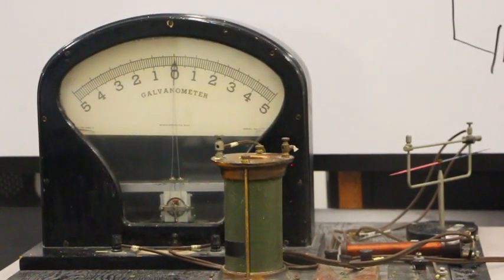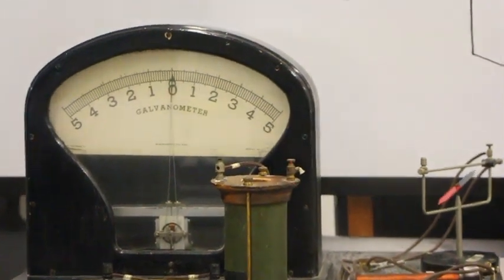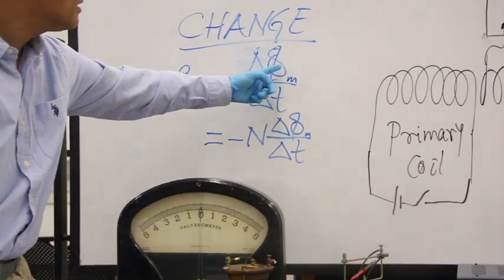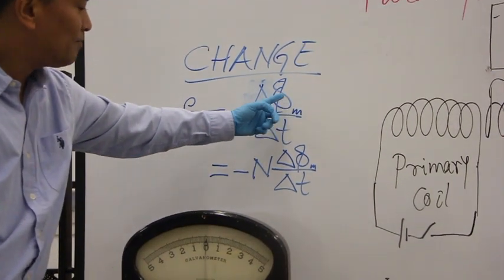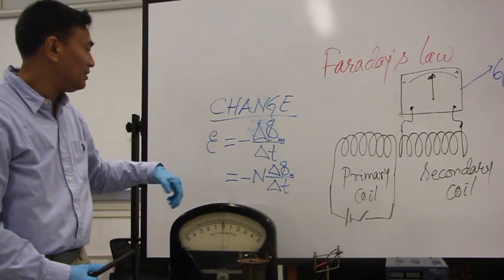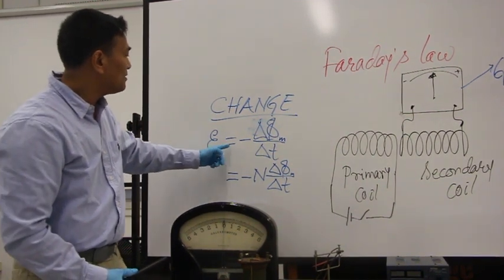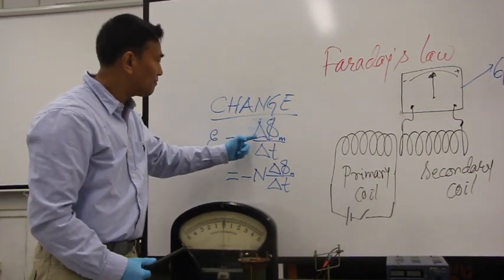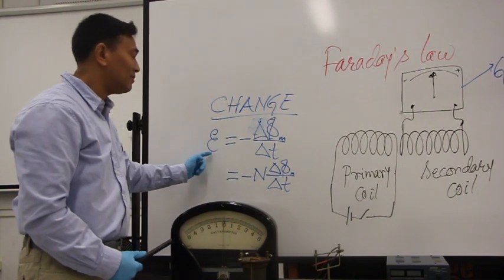So that's what it means. It is not how much magnetic field. This is actually flux. Flux is the same as electric flux, but here it is magnetic flux. So the rate of change of magnetic flux is equal to the induced EMF.